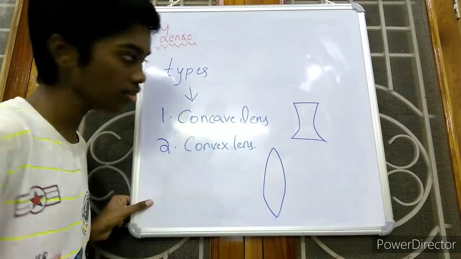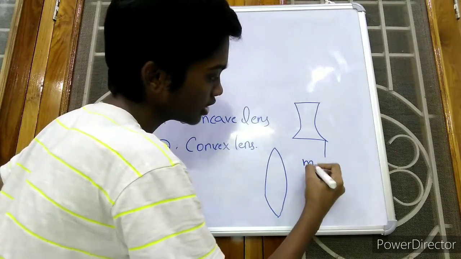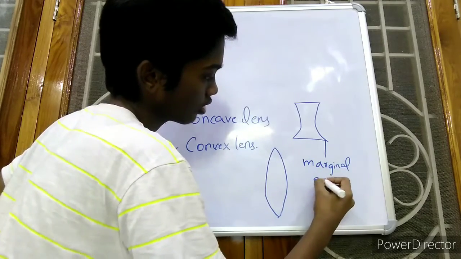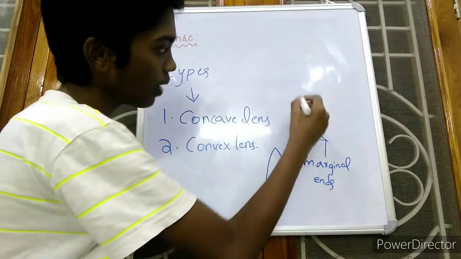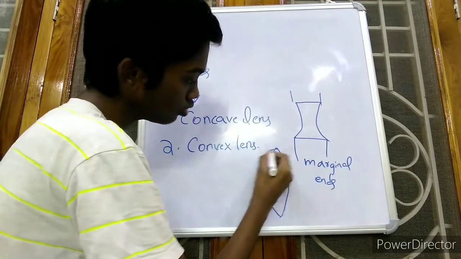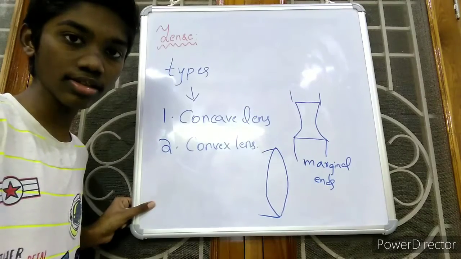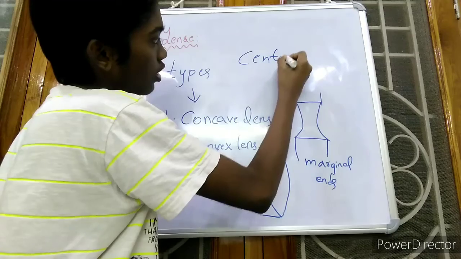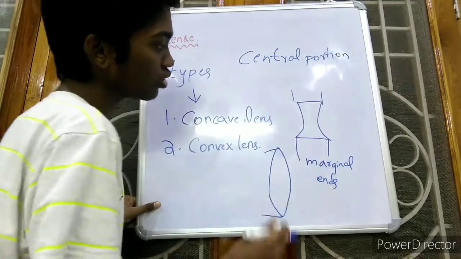For every lens, the bottom part of the lens is called the marginal ends. So for the concave lens, these are the marginal ends, and for the convex lens, these two are the marginal ends. Together with the marginal ends, there is also another part called the central portion.